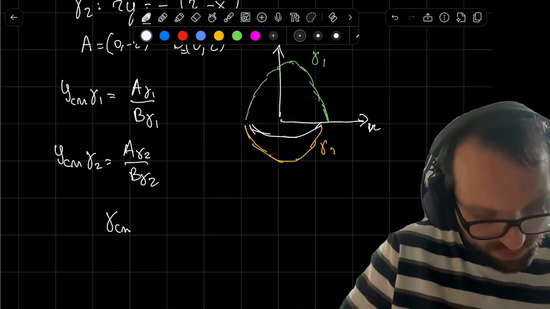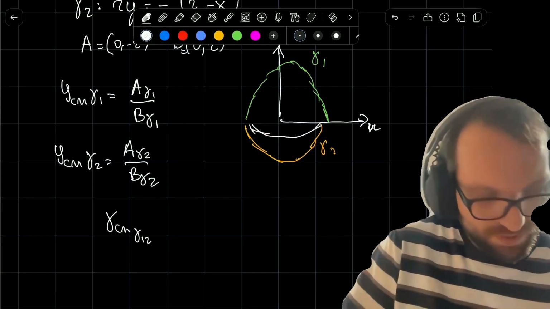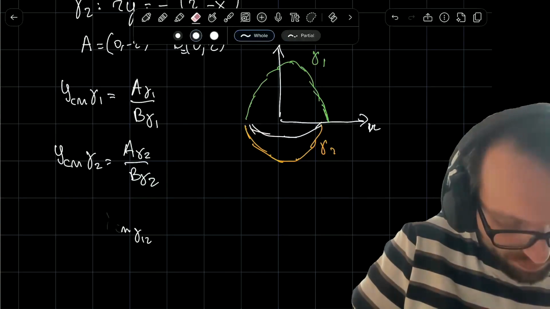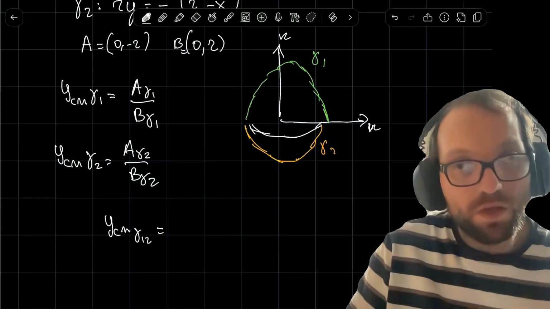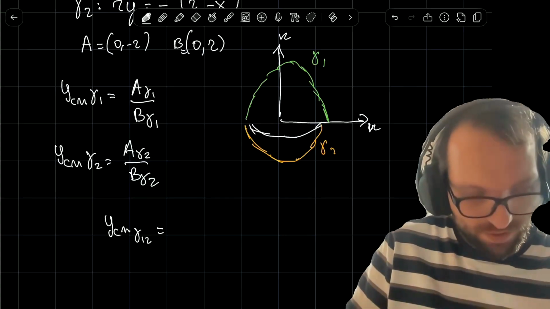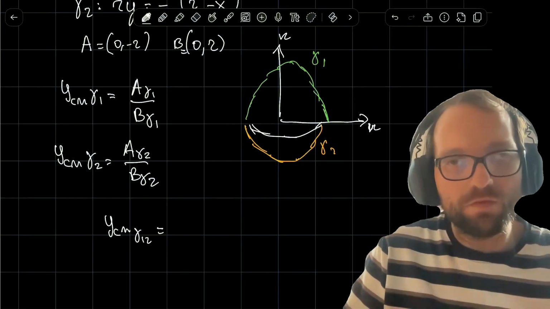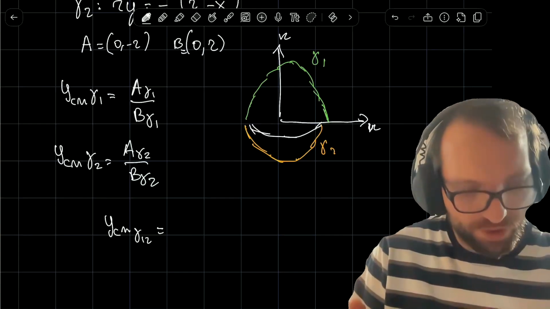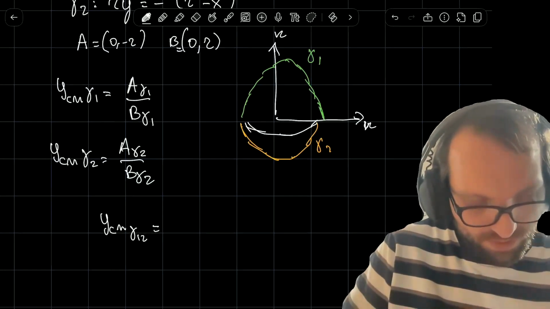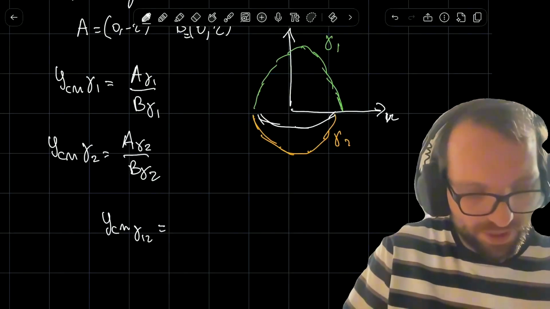So the y center of mass of gamma 1 and 2 is going to be the weighted average of the centers of mass of the two objects, in which the weight is the mass of each object. So this is actually the mass, or the area, in this case.